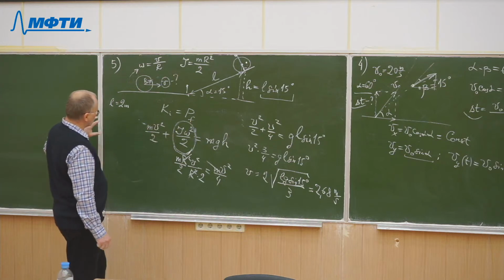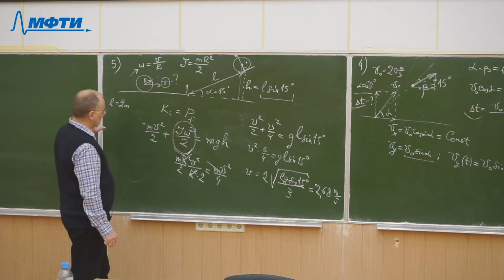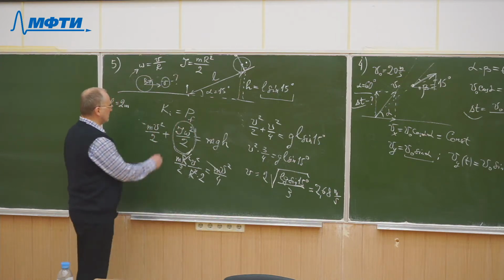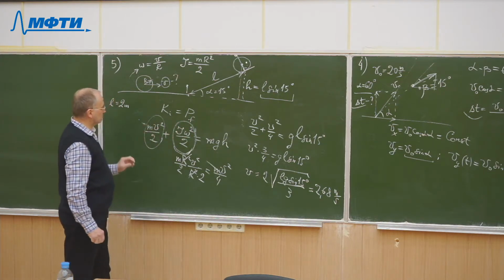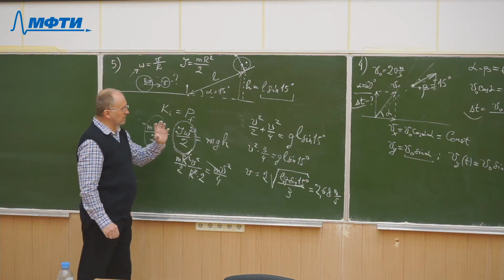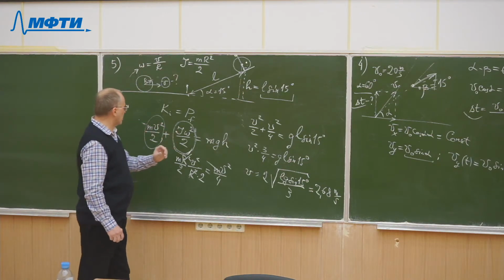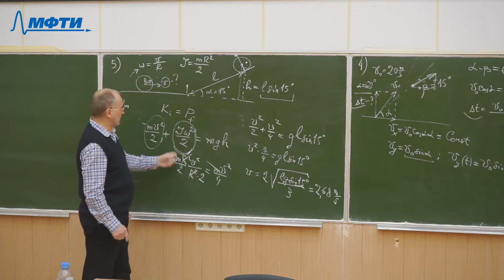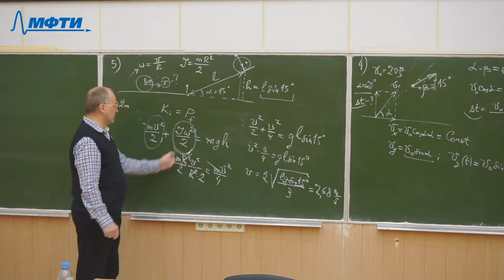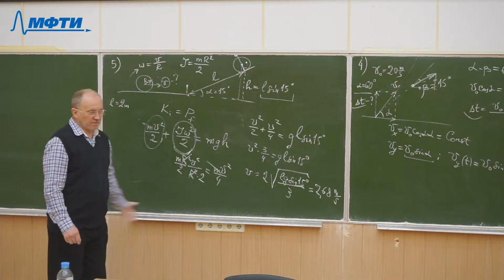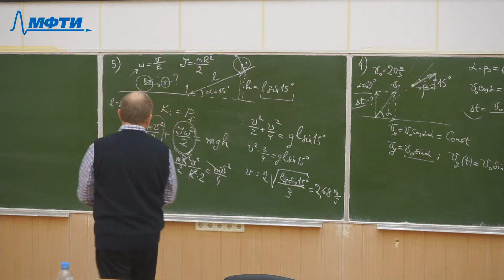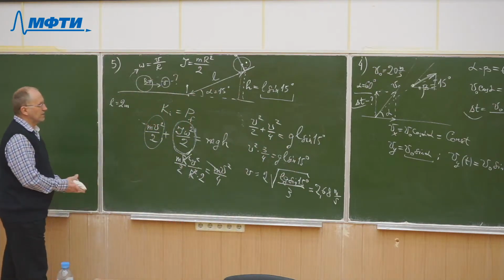If the motion is translational, that is, the body moves remaining parallel to itself, then the kinetic energy will be calculated by this formula. But if not only the center of mass is moving, but the body is rotating, then some rotational kinetic energy must be taken into account. Many students have forgotten about this law of physics for kinetic energy.